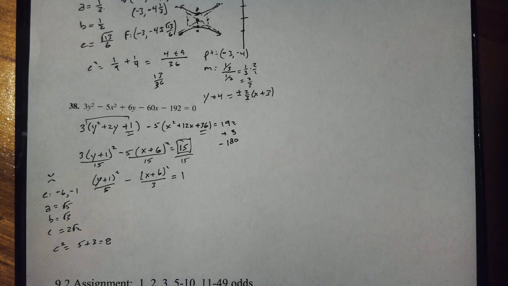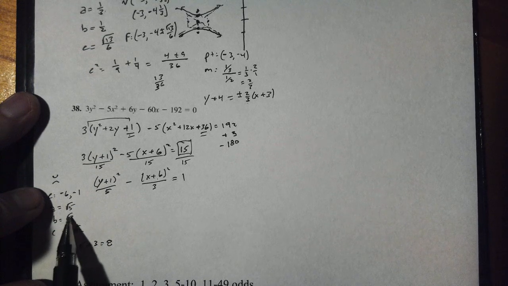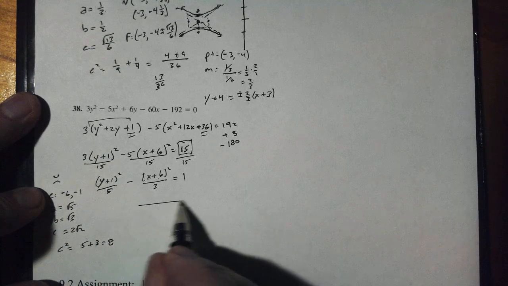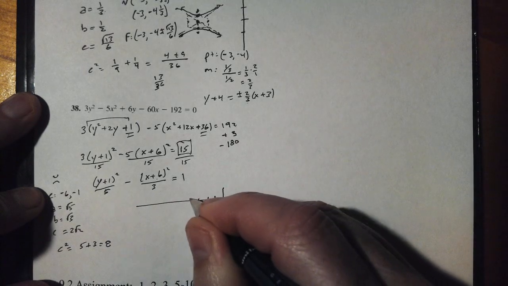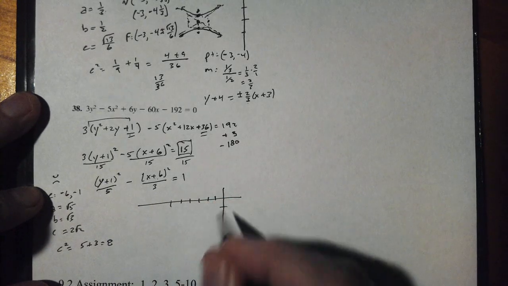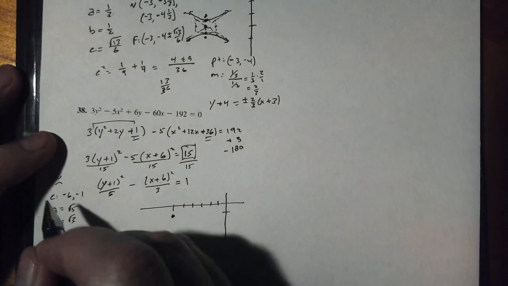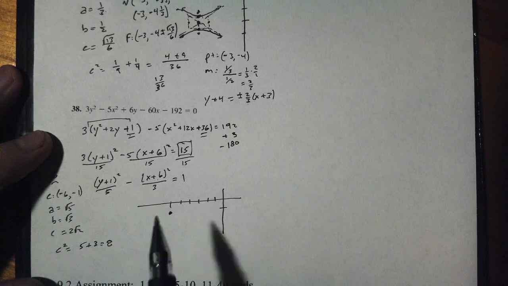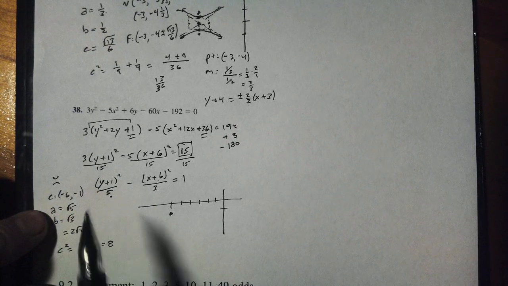Now it's just the fun part, we get to draw the graph. So I need to be left 6, down 1, and I don't have to move too far from there. So there's our center, which we already have. From there, I'm going to go up and down square root of 5.